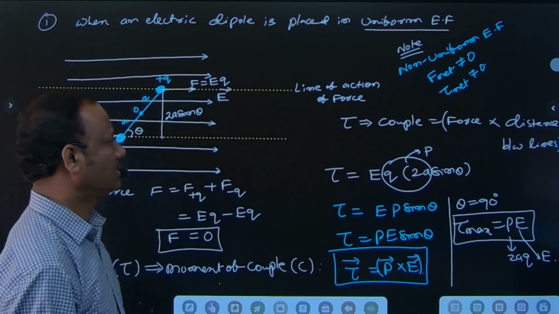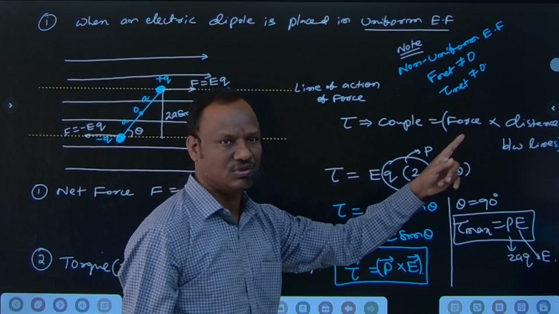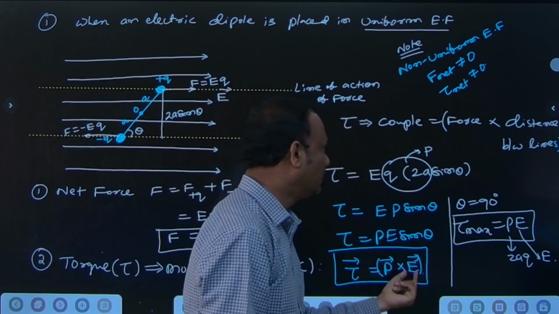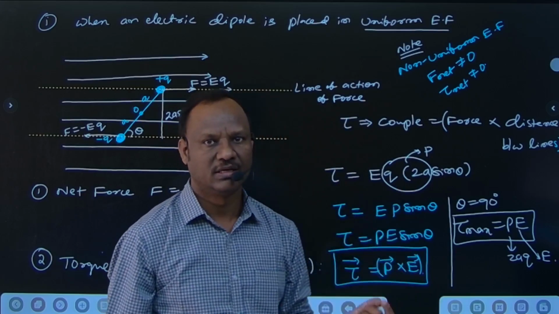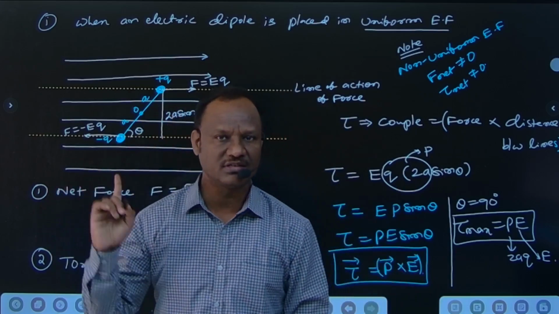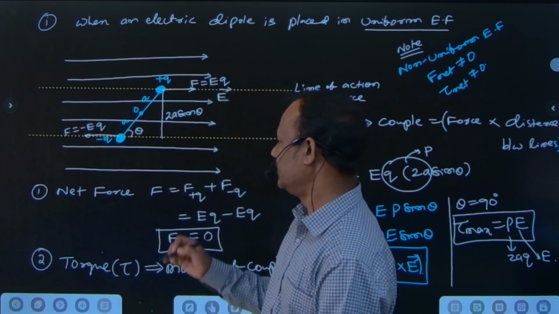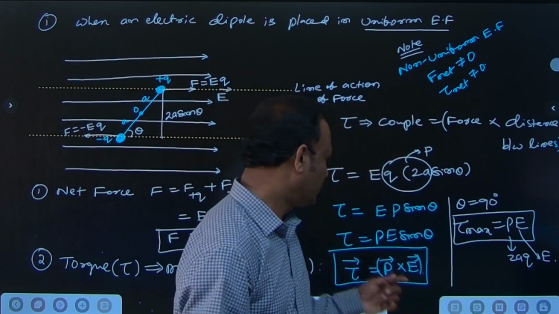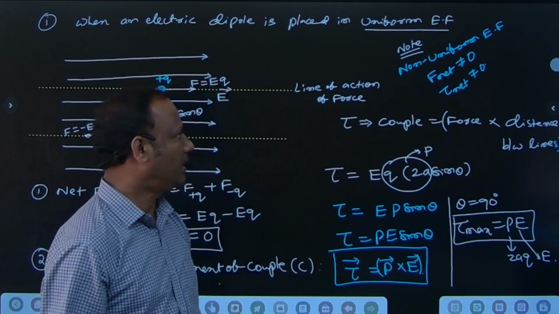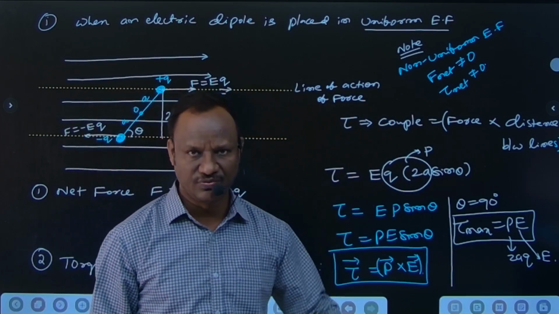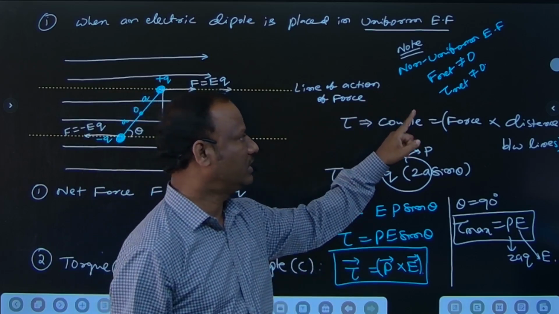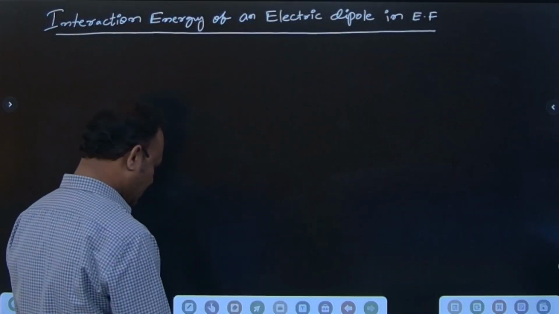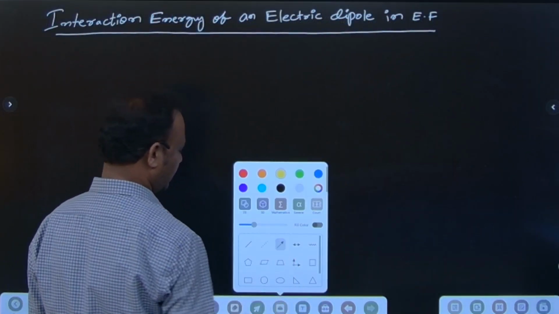The net torque, if you calculate, has a value near P E sin theta. So when a dipole is suspended in a uniform electric field, net force is 0 and net torque is P E sin theta, and when it is suspended in a non-uniform electric field, net force and net torque are both not equal to 0.